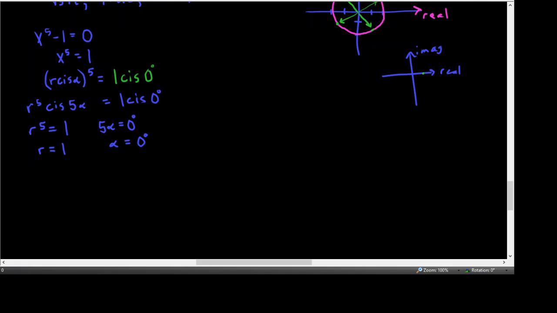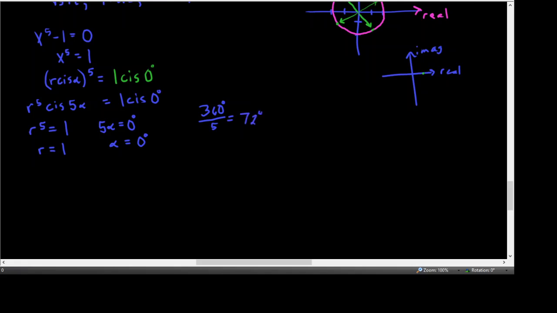Then the spacing of these will be the full circle, 360 degrees, divided by the 5 answers we're finding. And so we get 360 divided by 5, which is 72 degrees.